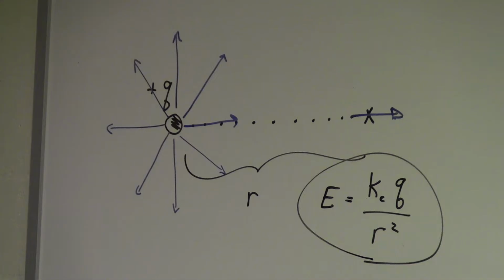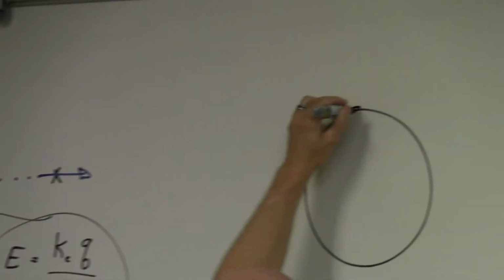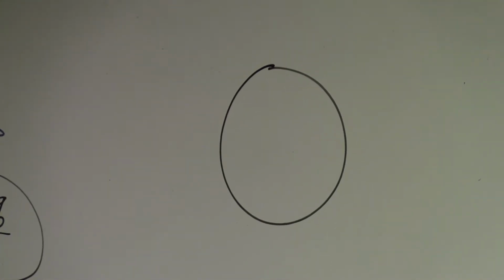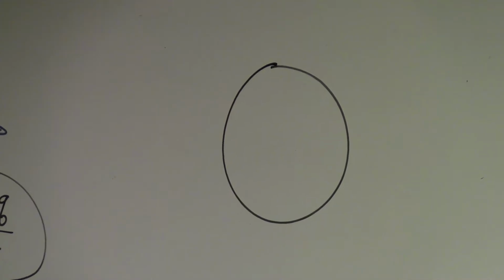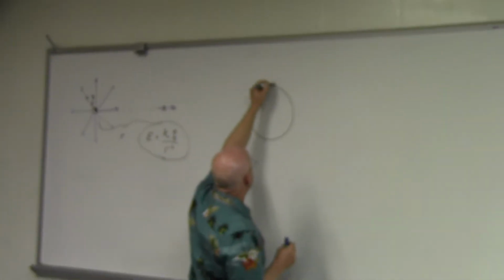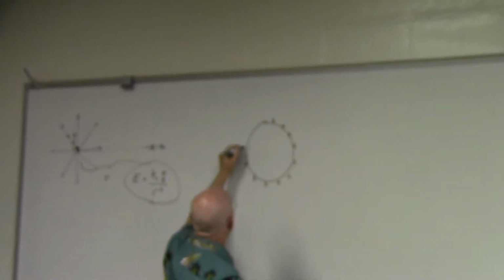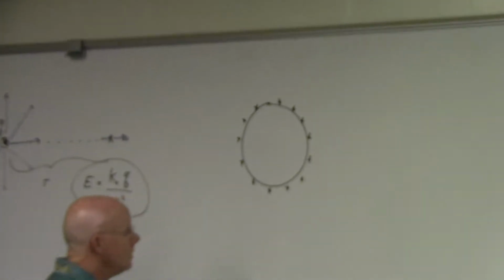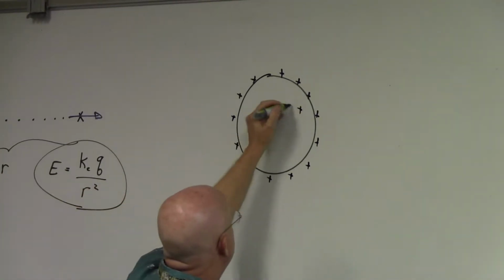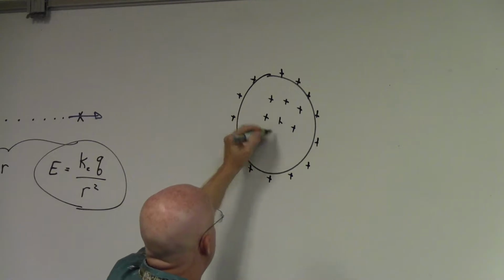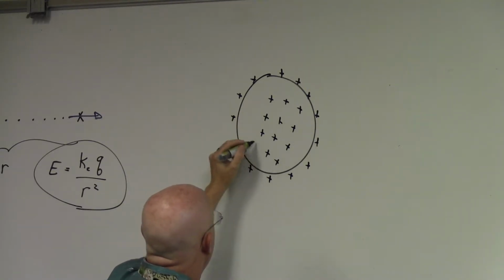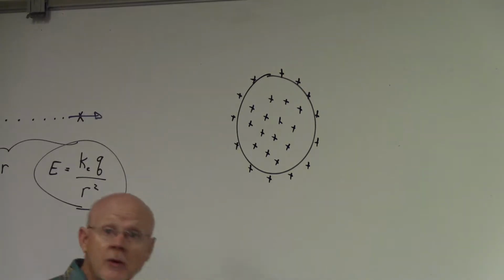What you will see as you start to do Gauss's law is, even if you don't have a point, as long as it is a spherical object and uniformly distributed, that is, the charge can be on the surface evenly spread out, or the charge could be distributed inside, and of course if it's inside, then we have to have an insulator.